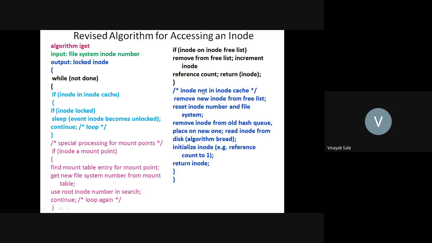If the inode is not in the inode cache, remove a new inode from the free list, reset the inode number and file system, remove the inode from the old hash queue and place it on the new one, and read the inode from disk with the help of algorithm bread, that is buffer read. Initialize the inode, setting the reference count to 1, and return the inode. This is the algorithm for accessing an inode.